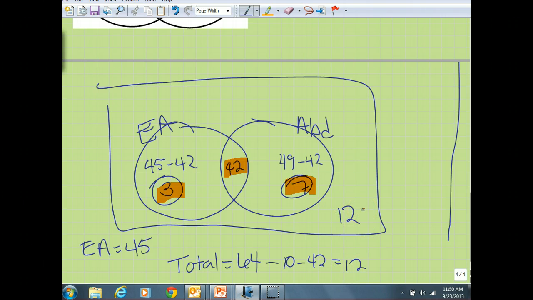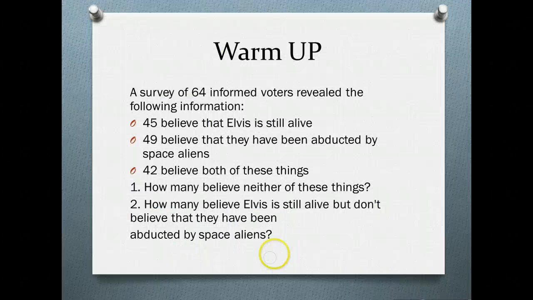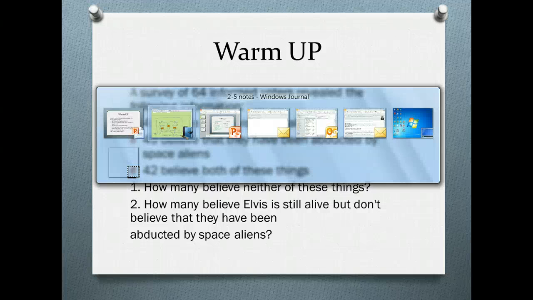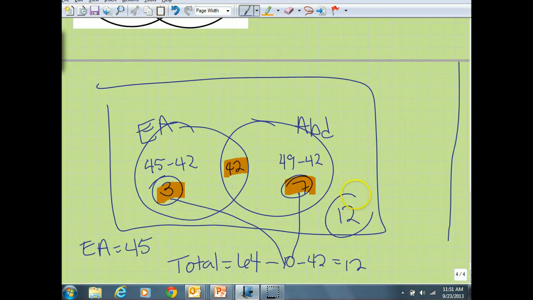Why did you do minus 10? Because I just put 7 and 3 together already. Those two together. It's 10, right? Okay. All right, so let's go back to our questions. It said, how many believe neither of these things? 12, because that was what was on the outside of our Venn diagram, right?